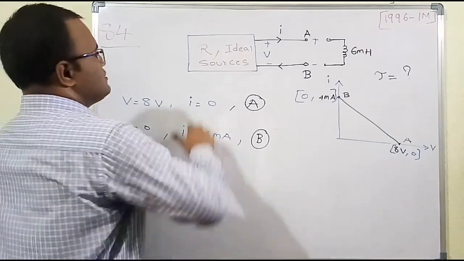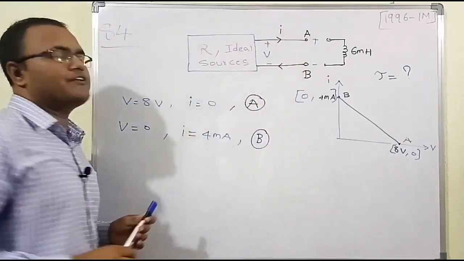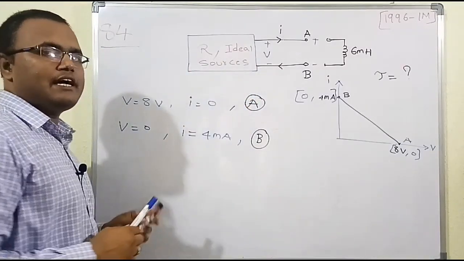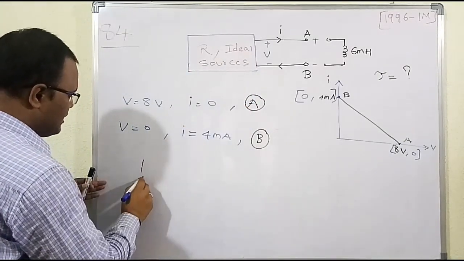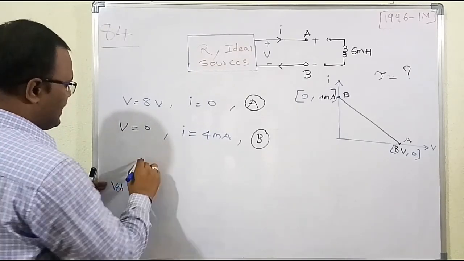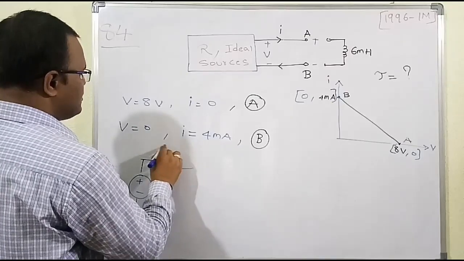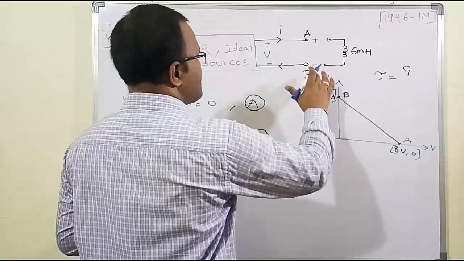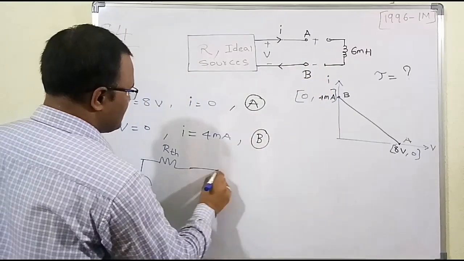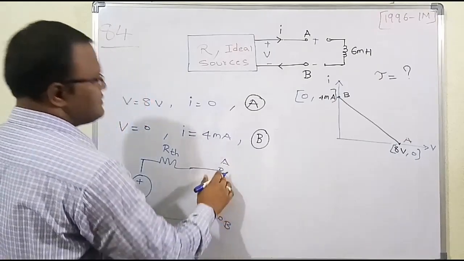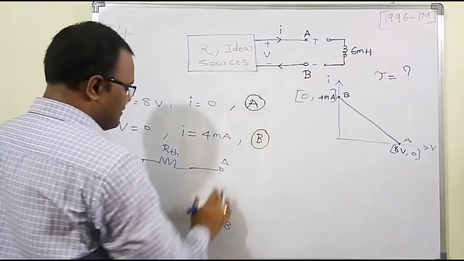Now I am going to write this whole network in terms of a Thevenin equivalent circuit. This is a Thevenin voltage and this is a Thevenin resistance. These are the terminals A and B.